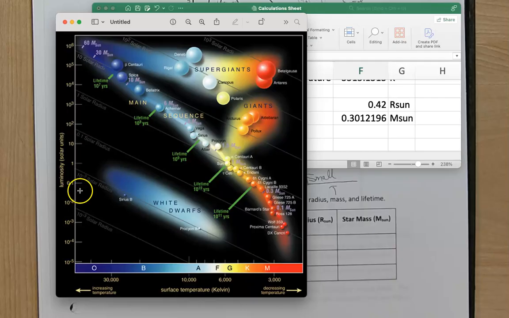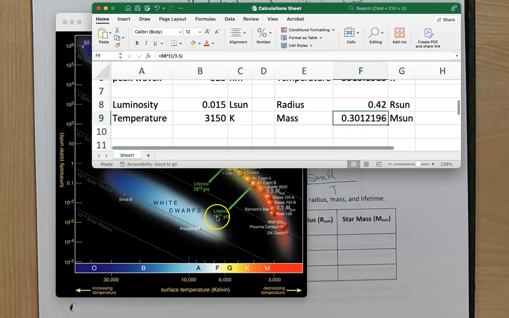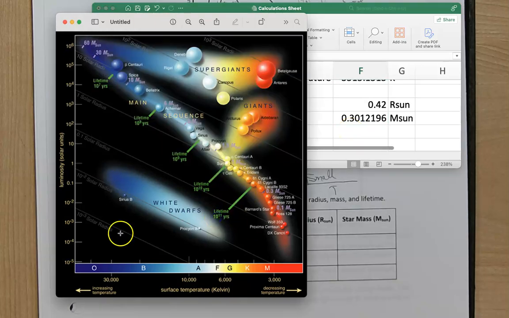So 0.015 solar luminosities and 3,000 Kelvin, that's going to be right about there, sure enough, stars that have 0.3 solar masses, just like our math said. So if your math matches the way stars really behave and lie on the HR diagram, that's a good indication that you got the right answer.